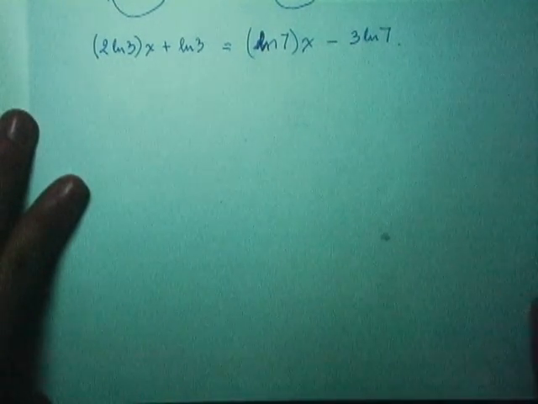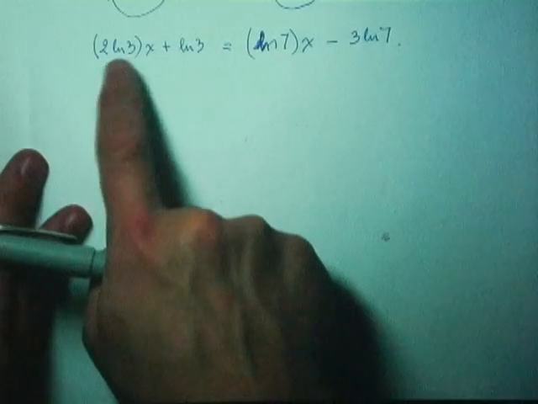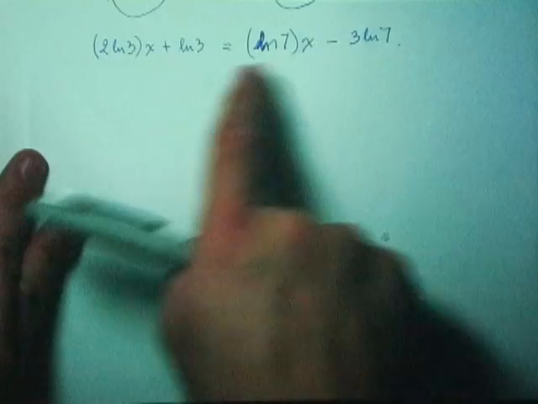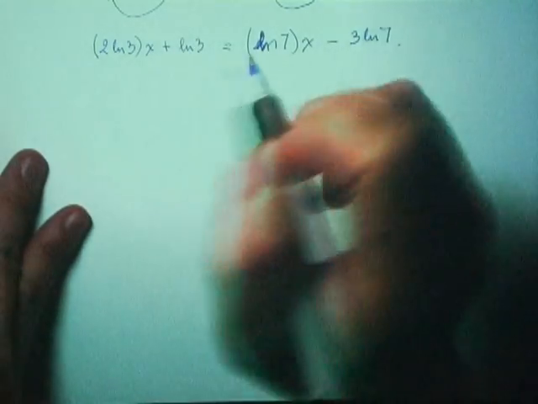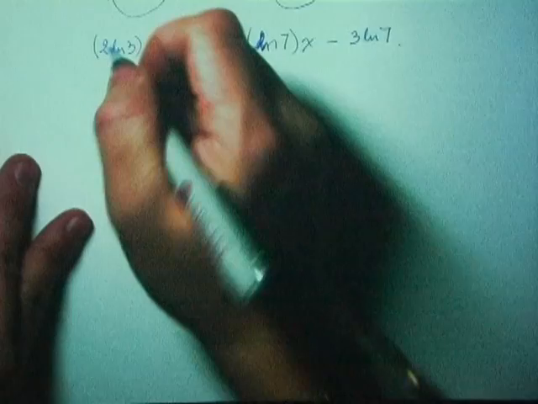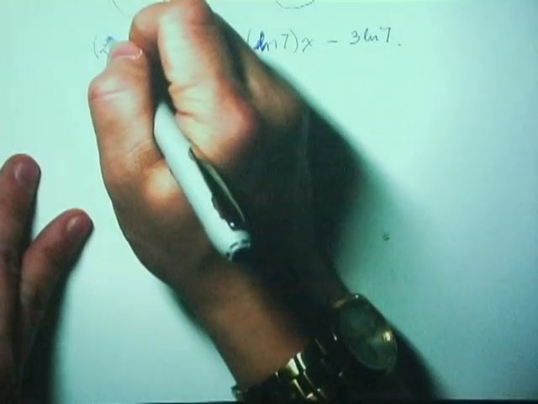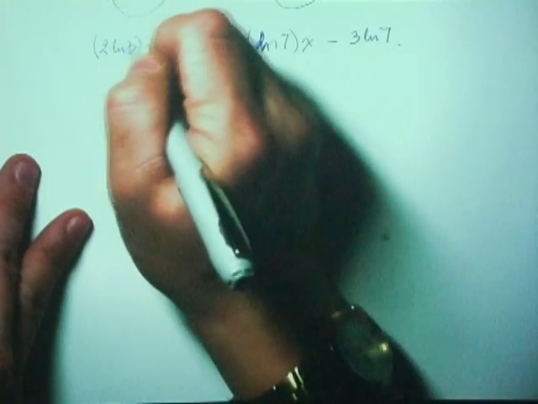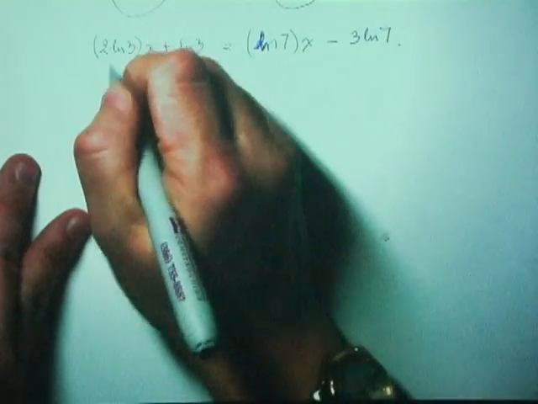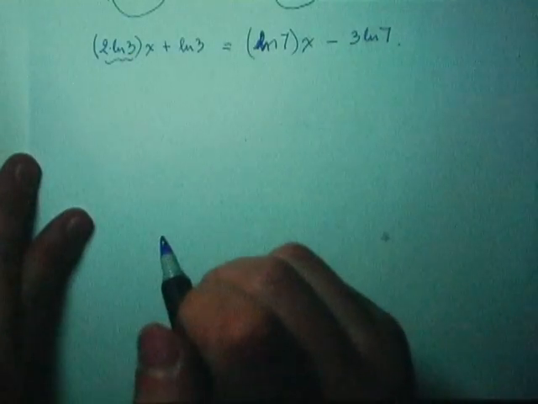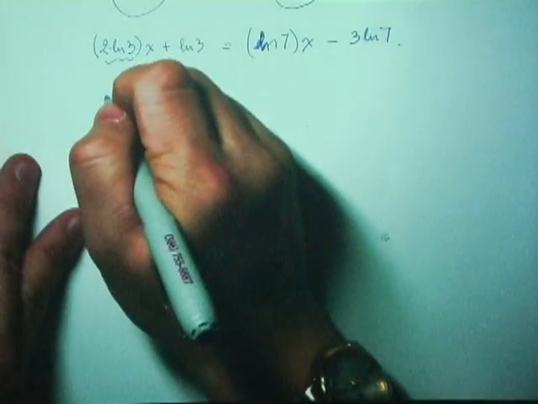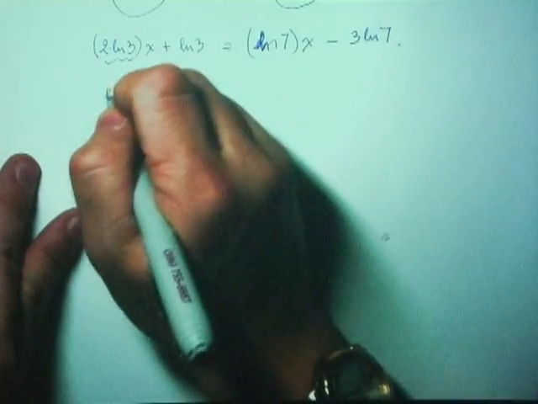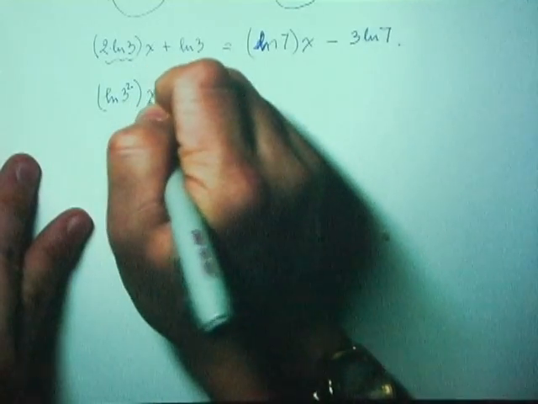All right, and now think about the two natural log of 3 x here and natural log of 7 x here. They are like terms, like x terms on the two-hand side. But before you subtract like terms on the two-hand side, remember the rule for logs. You can always bring the coefficient 2 in front of the natural log of 3 and make that become the power for 3. So this little expression that I'm underlining here would become natural log of 3 squared, and that's all in one quantity, and I multiply that with x, okay?